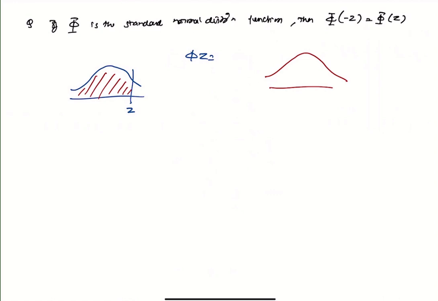So if it's 0, and this is going to be negative z, so area represented by negative z is going to be this area. So obviously the phi of negative z is not equal to phi of positive z. So this statement is incorrect.